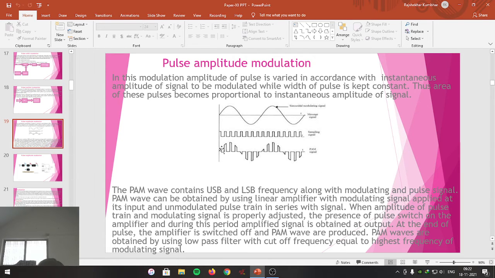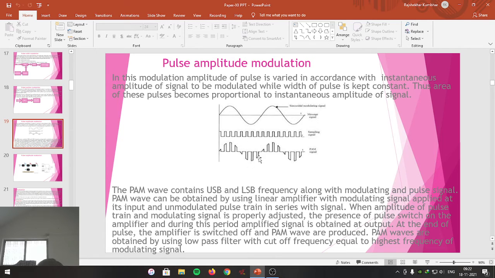And here is the pulse amplitude modulated signal. Look at here. This is the pulse, and its amplitude changes as the amplitude of the signal changes. For this pulse, there is a rise in amplitude. For this pulse, there is a further rise in amplitude. For this pulse, there is a fall in amplitude. With a fall in amplitude of the signal, accordingly the amplitude of the pulse falls.